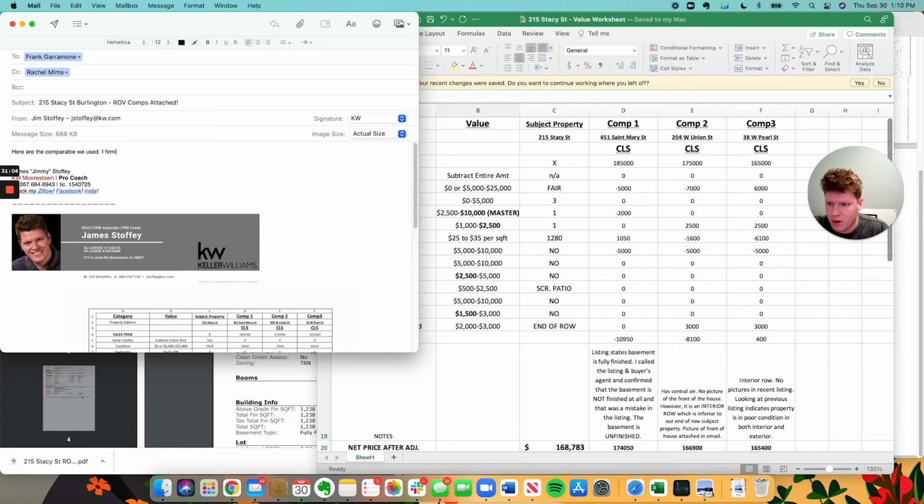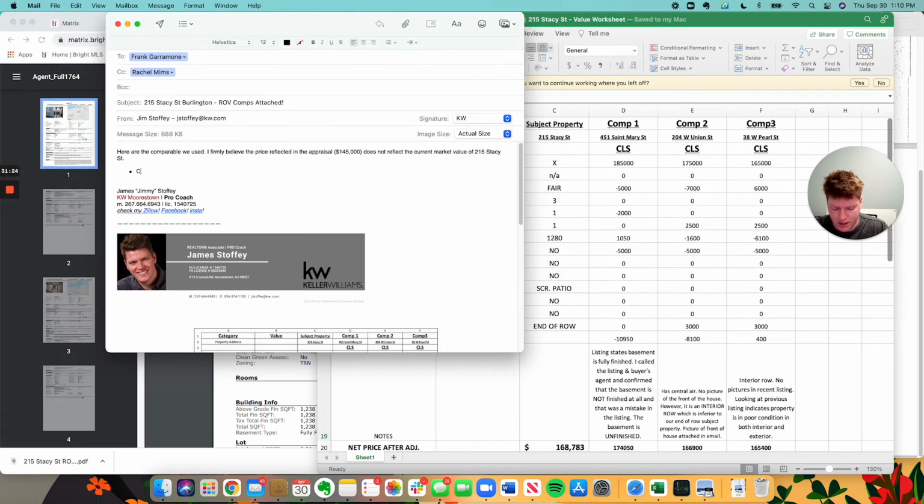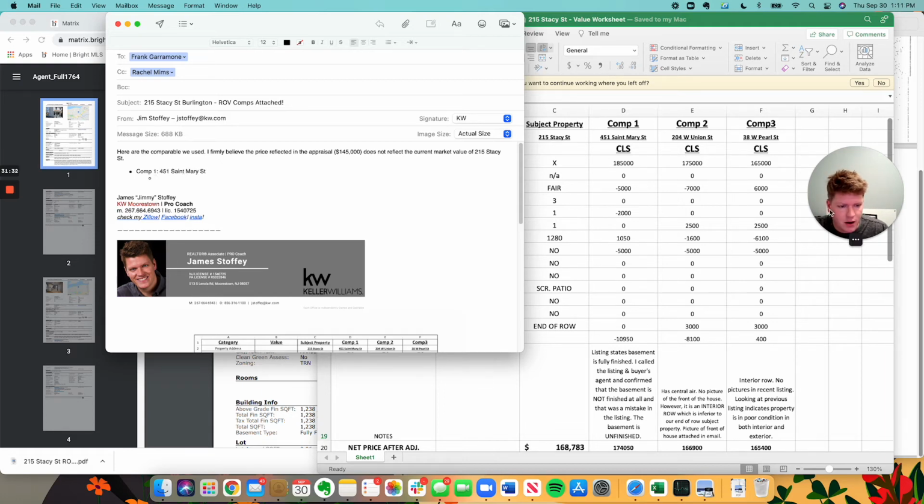I firmly believe the price reflected in the appraisal does not reflect the current market value of 215 Stacy Street. Bulleted list. Comp 1, 451 St. Mary Street. I'll give a little bit of notes.